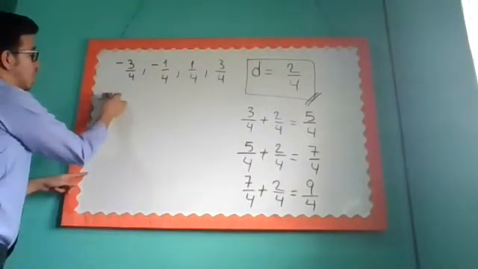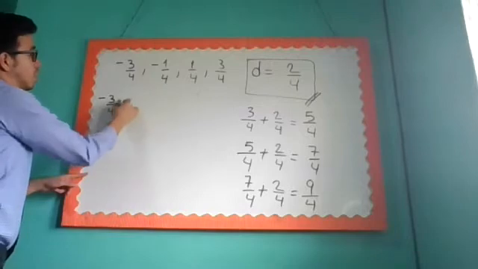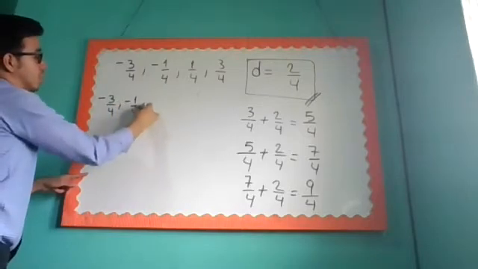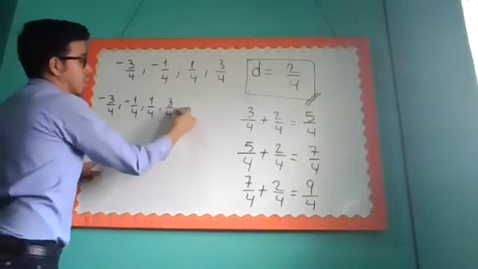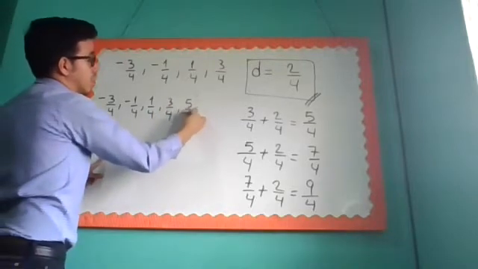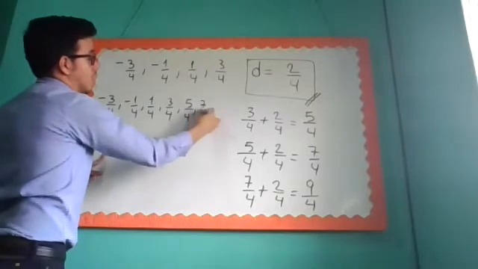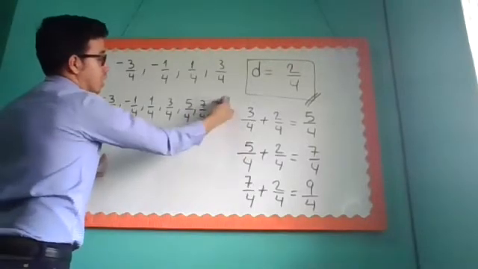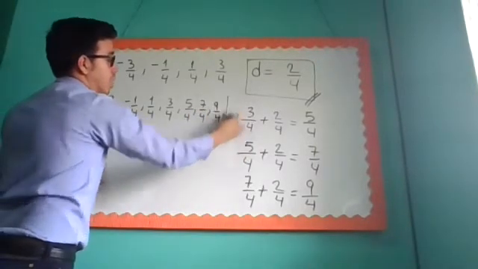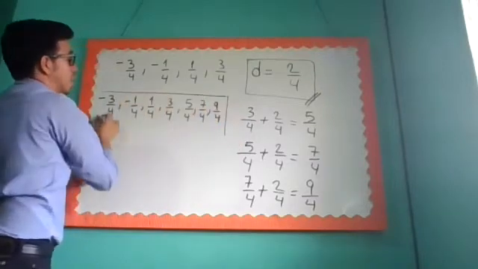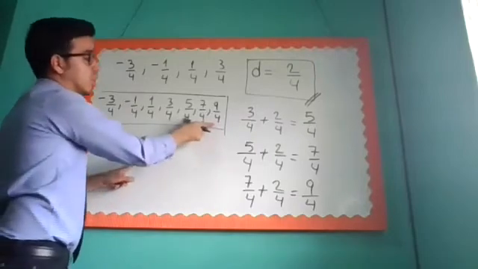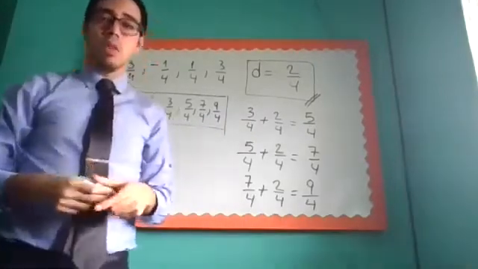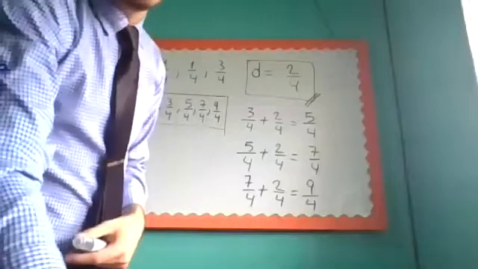I have -3/4, -1/4, 1/4, 3/4, 5/4, 7/4, and the last one is 9/4. Because they are only asking you to obtain the next three values, which are these three values you have here.